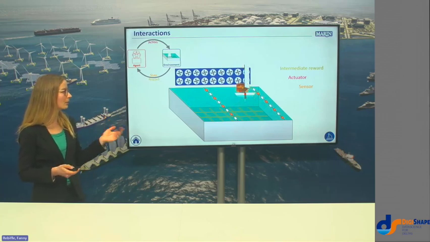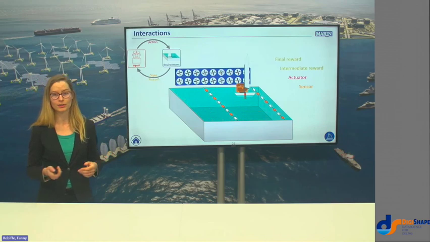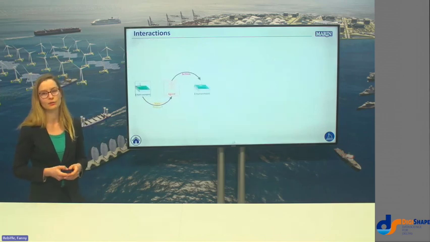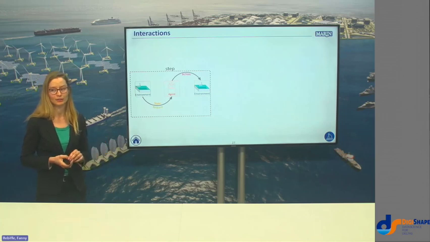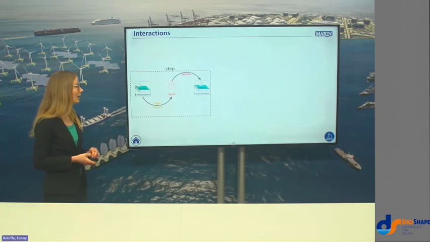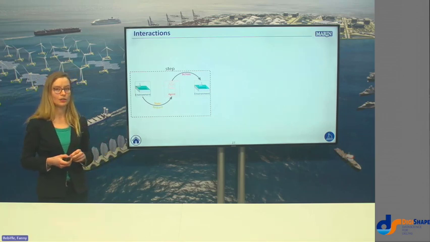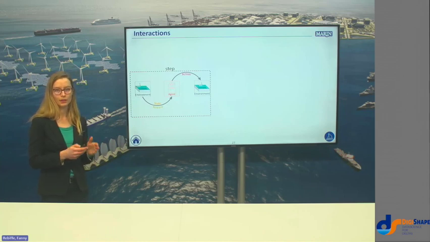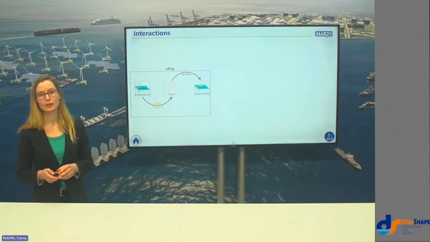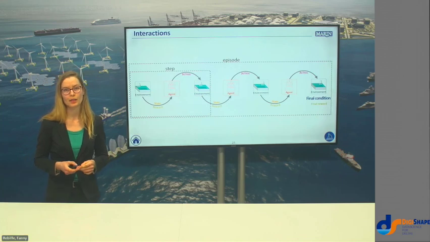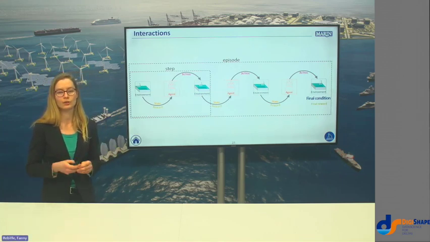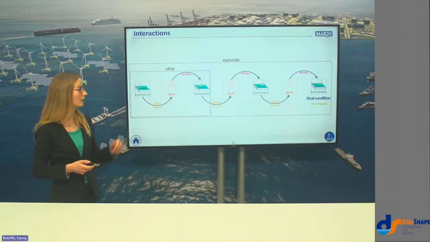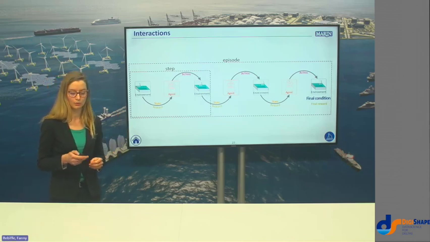It can be a positive reward if the target is achieved, or a negative reward if it's the walls, for example, that are hit. A loop of this interaction is called a step, and a sequence of those steps is called an episode. It ends with a final condition or an end condition, and then the agent gets the final reward.